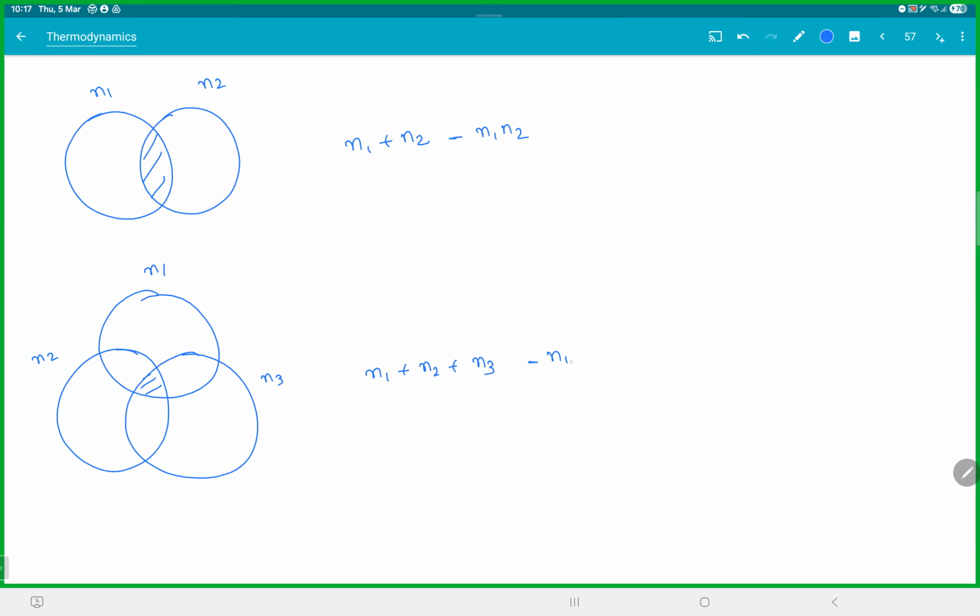So that's minus eta 1 eta 2, minus eta 2 eta 3, and minus eta 1 eta 3. But you removed this middle part, plus eta 1 eta 2 eta 3. Right, Samyak. Clear with this? So there, you can play like this, with the Venn diagram. If you have 3 engines in a series, this is the efficiency.